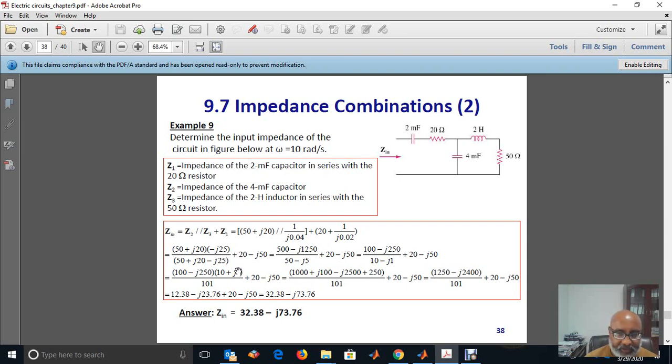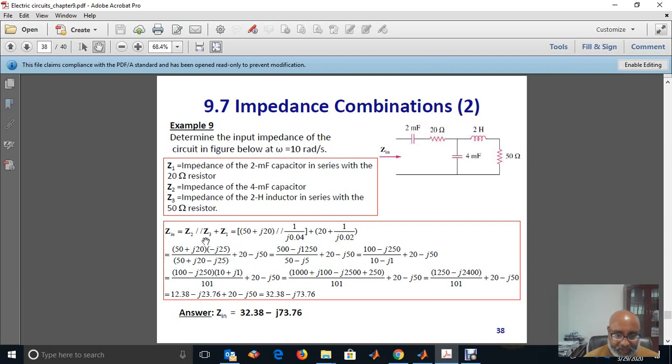Then we use the parallel rule: the equivalent is Z2 times Z3 over Z2 plus Z3. And then we add the series combination. 1 over j0.02 becomes minus j50, so this impedance is 20 minus j50.